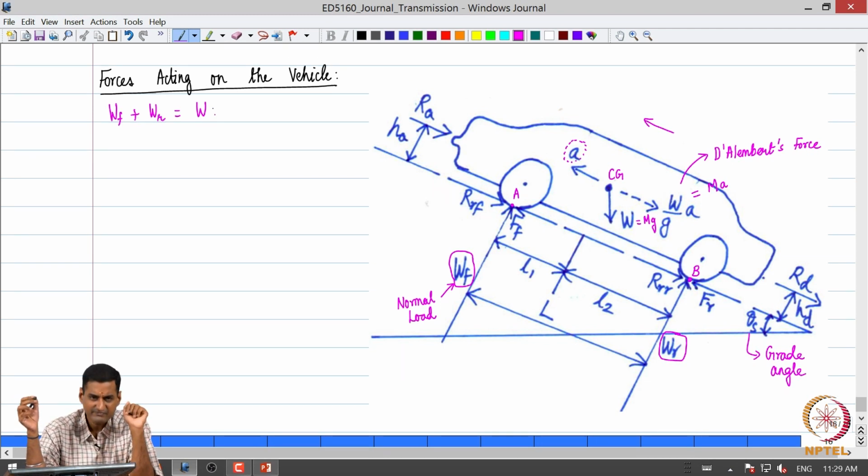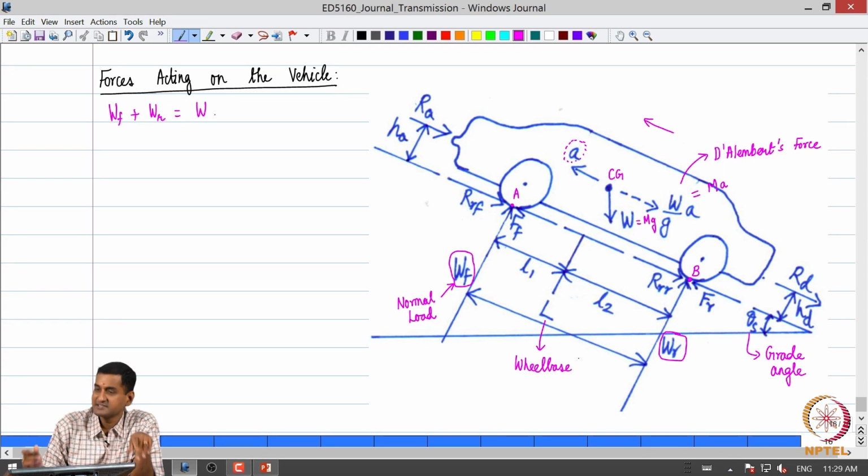Of course, we are considering more forces, coming one by one. This capital L is what is called the wheelbase of the vehicle. That is the distance between the front wheel center and the rear wheel center of the vehicle, and the center of gravity is taken to be at a distance of L1 from the front wheel center and L2 from the rear wheel center.